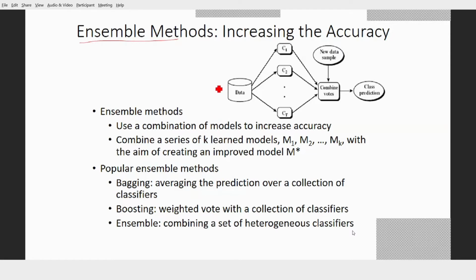Now, sometimes just one model is not enough. The very common approach that we have seen is that we have training data, we initialize a model, we train the model, and the trained model is used for testing and validation using different metrics, and then it is deployed for real life applications.